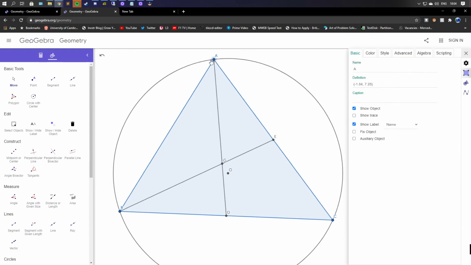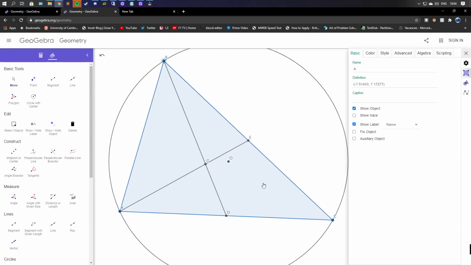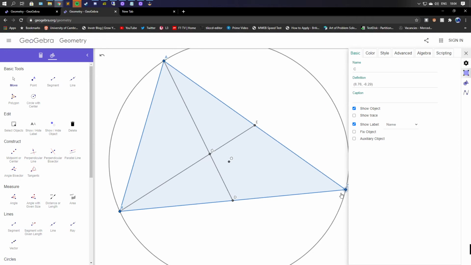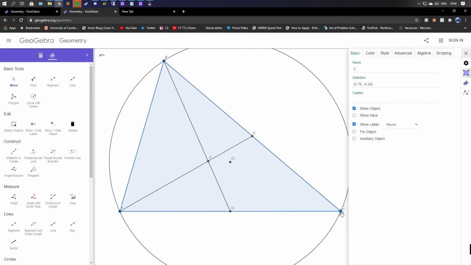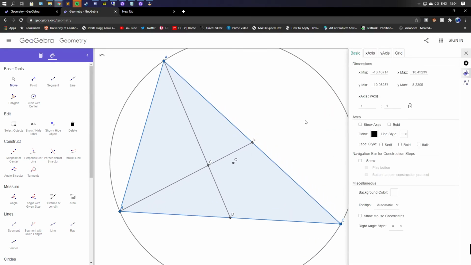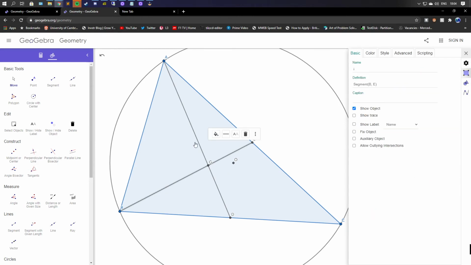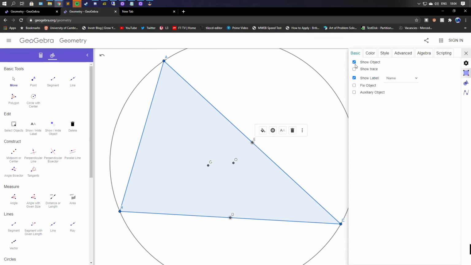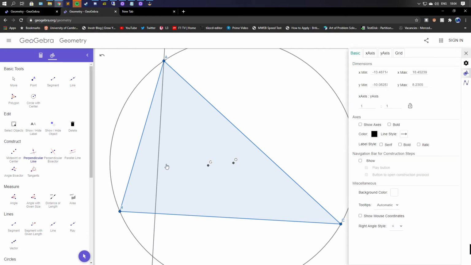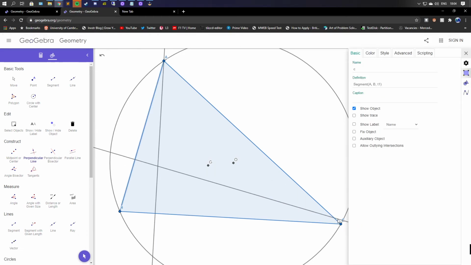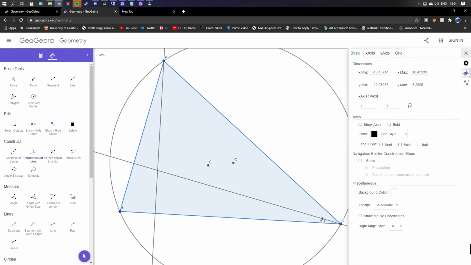And let's move this around a bit so we can get some more space in between our points here. Okay, that's probably good enough. So let's then get rid of these construction lines. Now, the third point on our line is going to be the orthocenter.